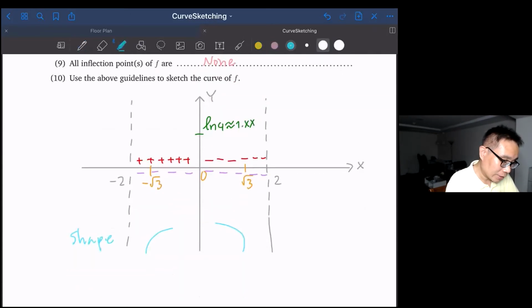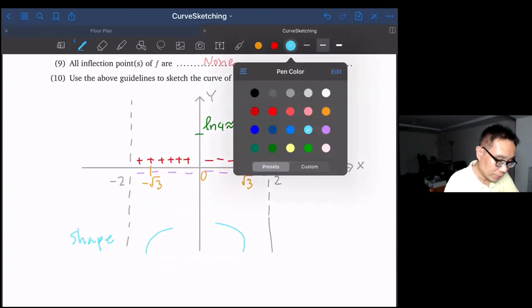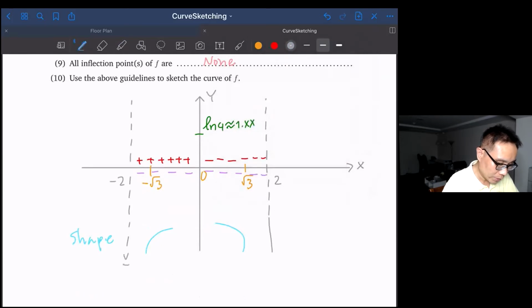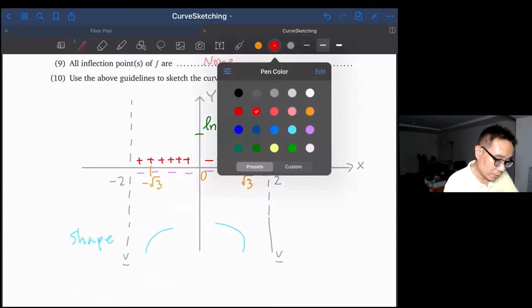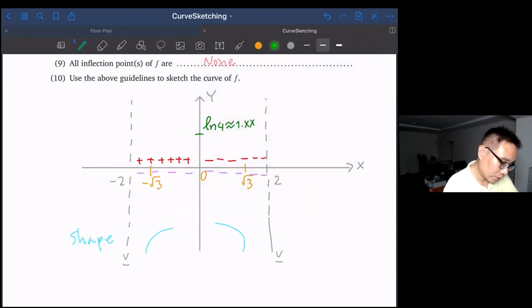So we have our vertical asymptote. So this one will be your vertical asymptote. So in this one, you would draw this graph. Okay, so you have to aim for passing -√3.